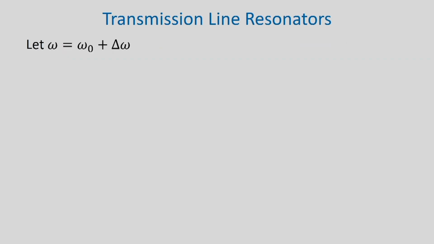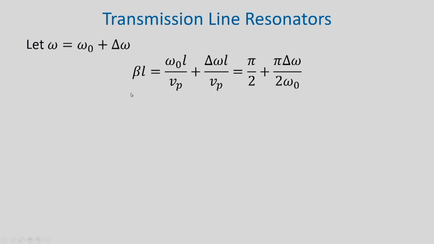Once again, we consider omega to be omega naught plus delta omega close to the resonant frequency, and in this case, when it is a lambda by 4 transmission line section, beta L can be written as pi by 2 plus pi delta omega divided by 2 omega naught.